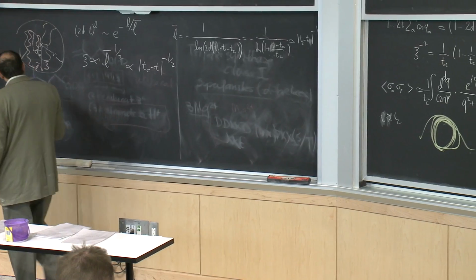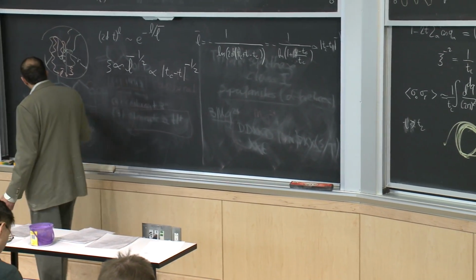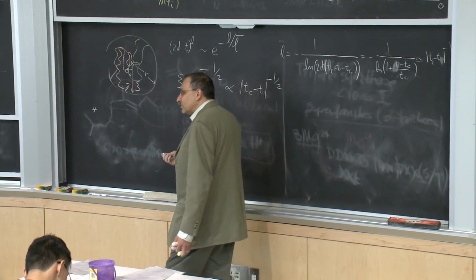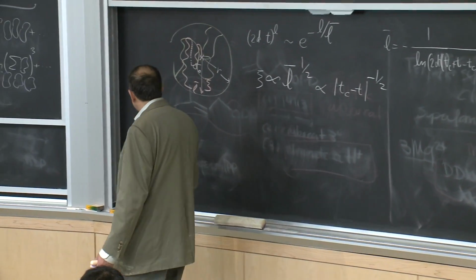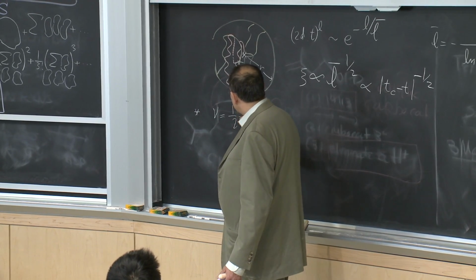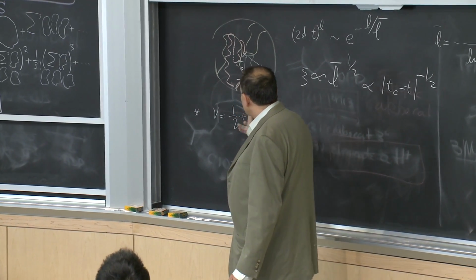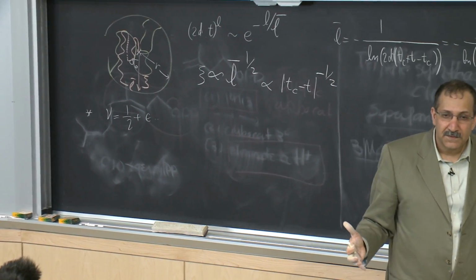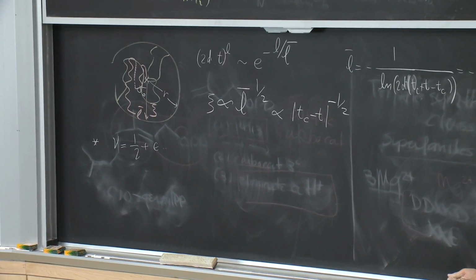Now you would say that, okay, this is the Gaussian picture. Now I know that when we calculated things to order of epsilon, we found that nu was 1/2 plus something. It became larger. So what does that mean?